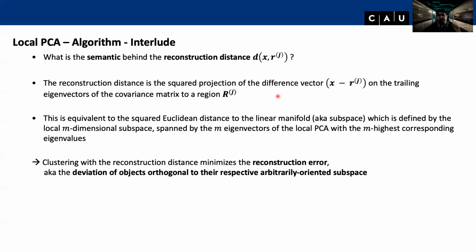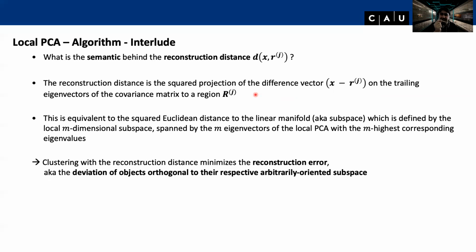So this expression above is equivalent to stating that it expresses the squared Euclidean distance to the linear manifold, also known as the subspace, which is defined by the local m-dimensional subspace, spanned by the m eigenvectors of the local PCA. So in other terms, consider this pen here is the m equals 1 eigenvector with the highest corresponding eigenvalue.